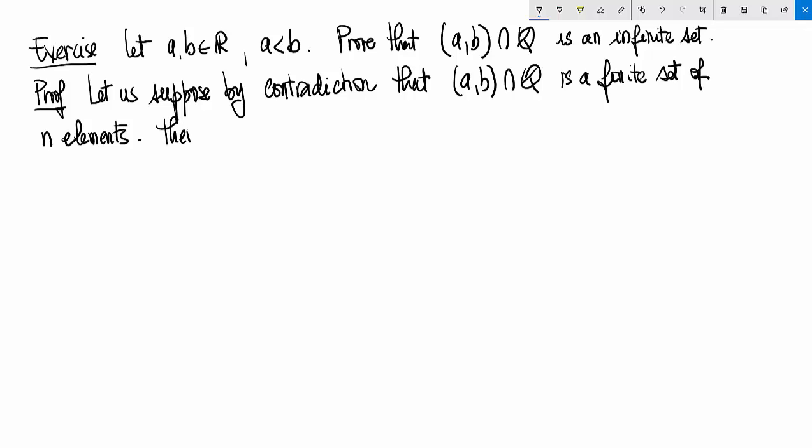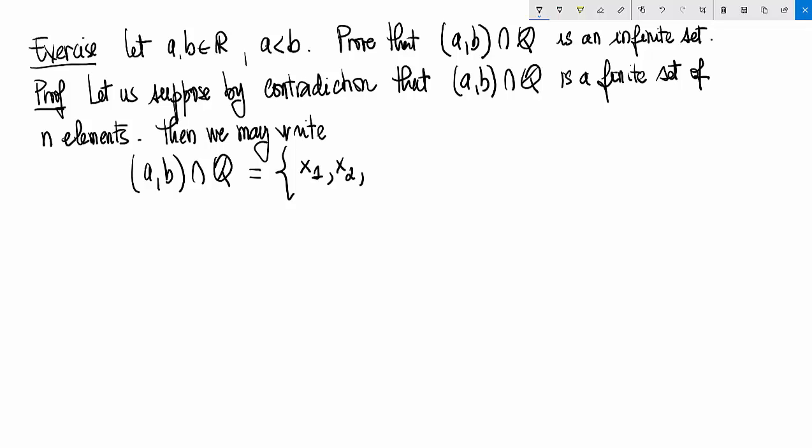Then we may write A, B intersect Q. So in other words, there are finitely many rational numbers in between A and B. So we can write this as x1, x2, all the way till xn, because there are n many of them.